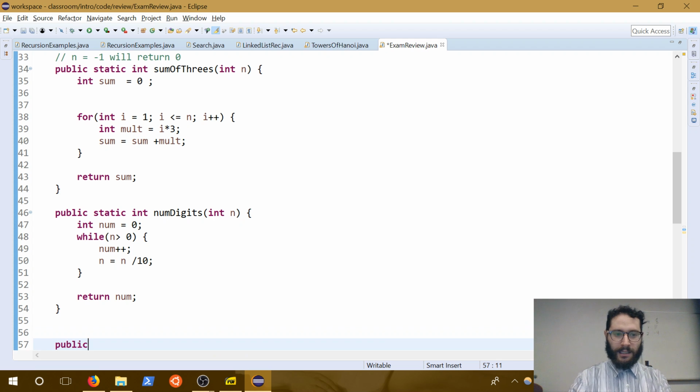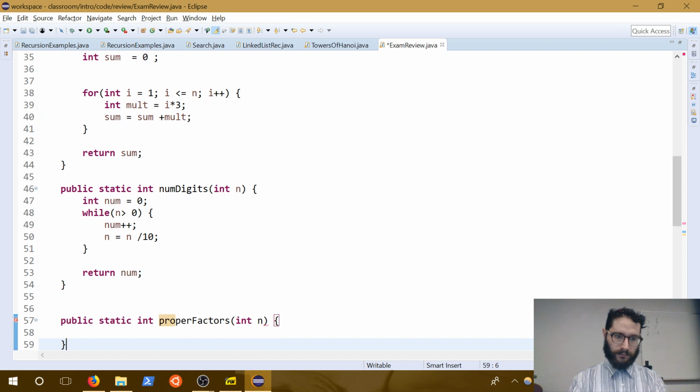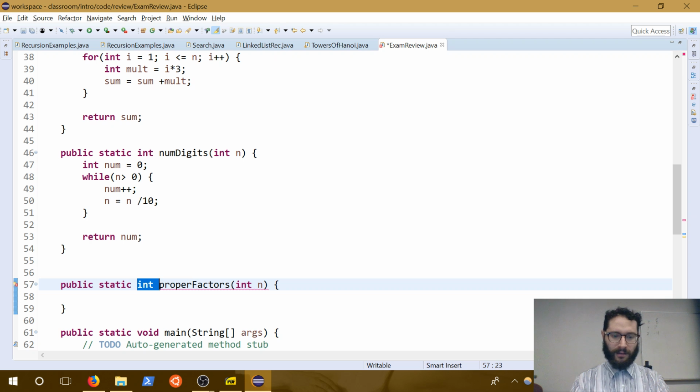I believe this one is another exam question that I've used before. So print out all the proper factors of n. This one I don't actually have to return anything. It's a void method since I'm just printing out.